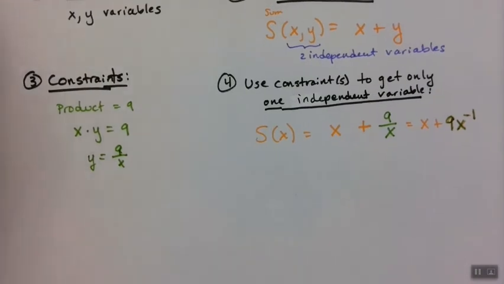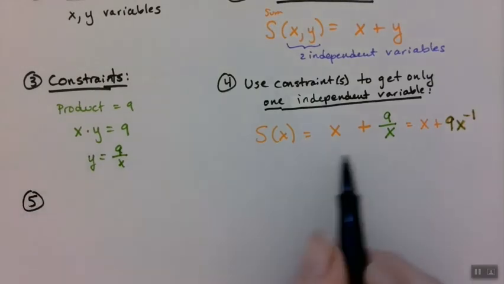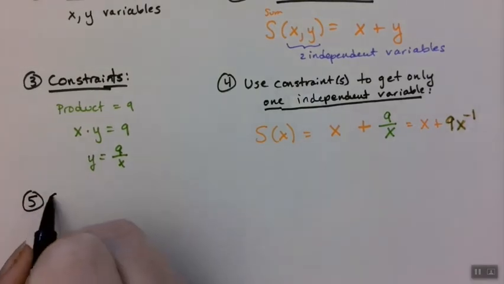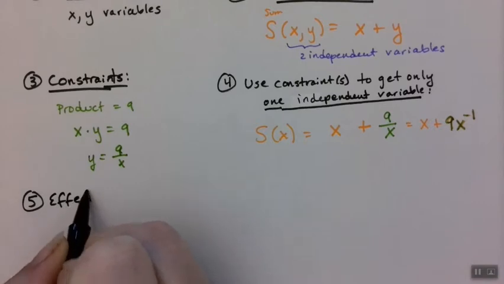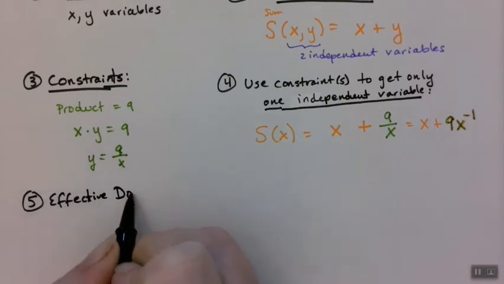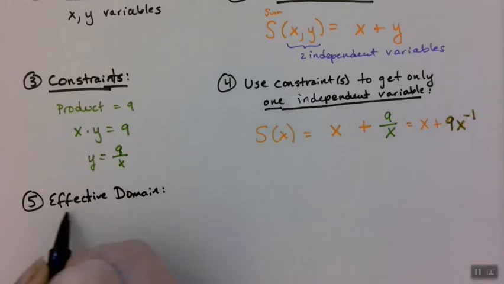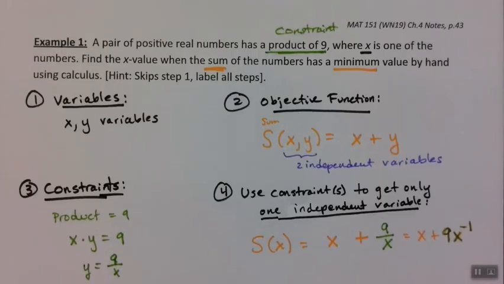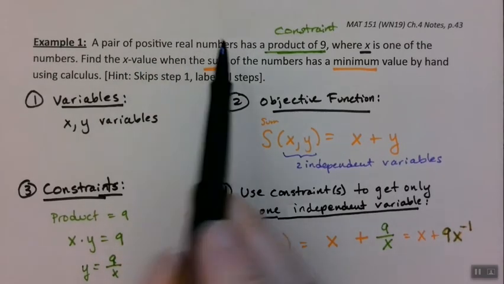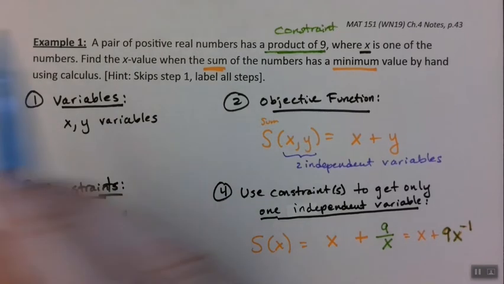All right, now step 5 is the domain. So I want to look at what's left, which is just x, and I want to create a domain for that. Now this particular one is actually quite easy because it says right at the very beginning, it's a pair of positive real numbers. So that's giving us our domain.